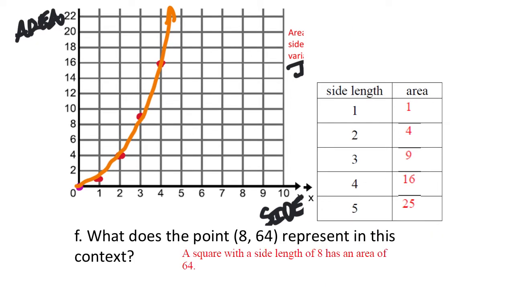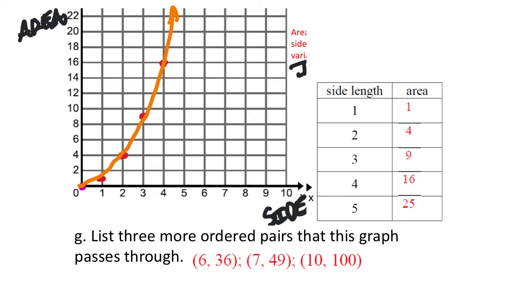So yeah, what does the point represent? Since it's 8, 64, remember the x's are the side length, the y's are the area of a square. So it's like saying you got a square with the side length of 8 with an area of 64. All right, so list some other ordered pairs, and yeah, this is just some that are shown down here.